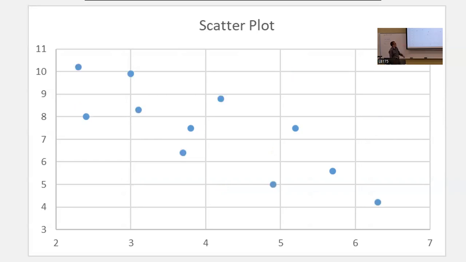And that one's going to be close to like, I don't know, negative 0.85 maybe. Something like that. It's not going to be exactly 1 because they're not on a perfectly straight line. But there is a definitive general pattern moving down. Negative 0.85, something like that.